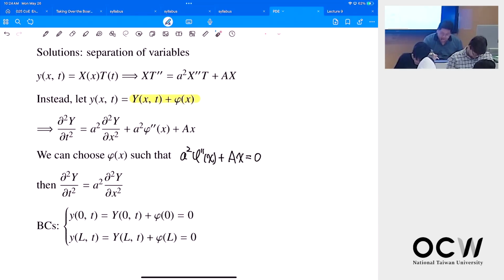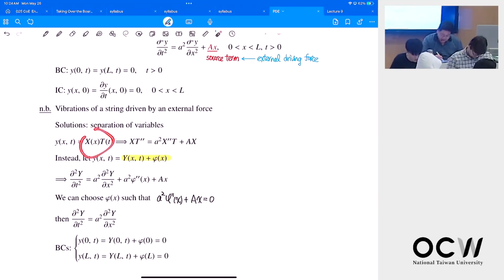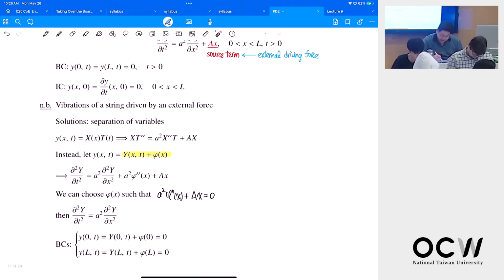So again, since we use the separation of variables, then we still have ax. I want to get rid of this ax, so we just let our solution be y plus a function of x. And then bring this solution back to our differential equation.